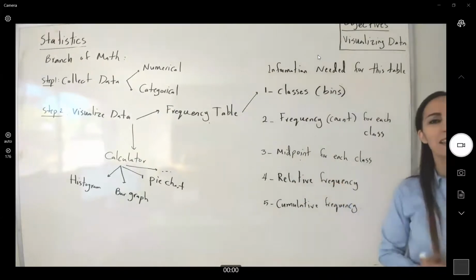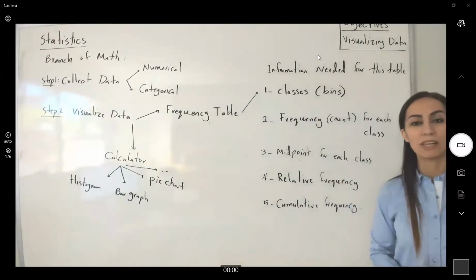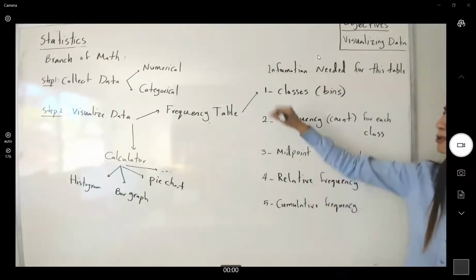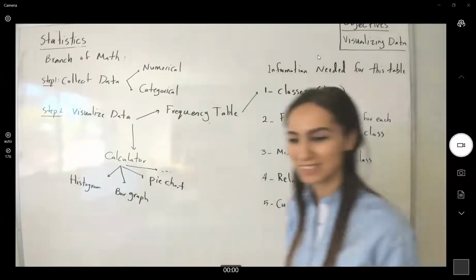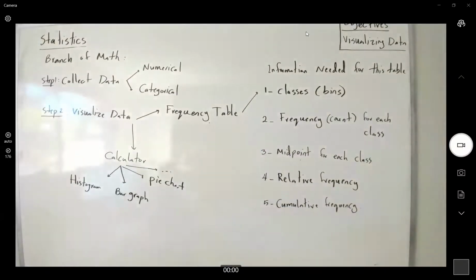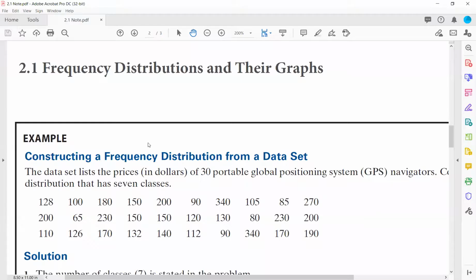Let us begin. Let us go over one example, and for that example, our goal is to form a frequency table. We have an example, constructing a frequency distribution for a data set. The data set lists the prices of 30 portable global positioning system, or GPS, navigators.